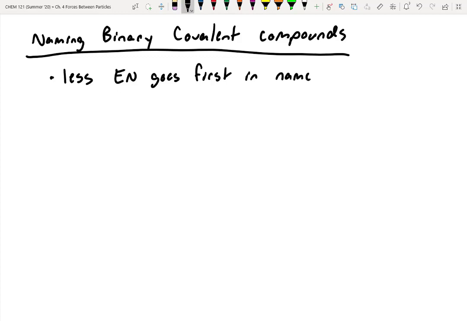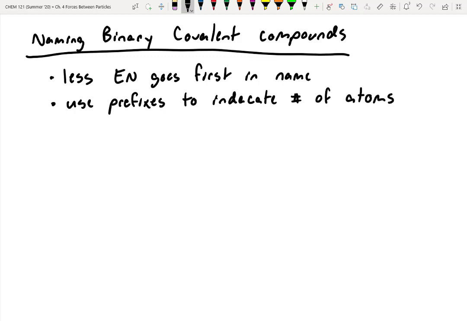And then the other thing you want to remember is you use prefixes to indicate the number of atoms. This kind of sounds weird at first, but let's first make a list of prefixes and then we'll use it to apply for names.